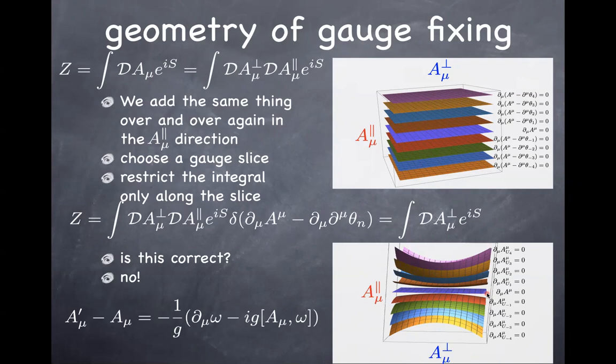So you have to take care of the fact that here this distance is bigger, and therefore this should carry more weight. And here it is thinner, so this should carry less weight. So you have to have some factor that depends on where you are on the gauge slice. That's the thing you didn't have to worry about for abelian gauge theory, because the gauge transformation doesn't depend on A mu, but you do have to worry about it for non-abelian gauge theory.